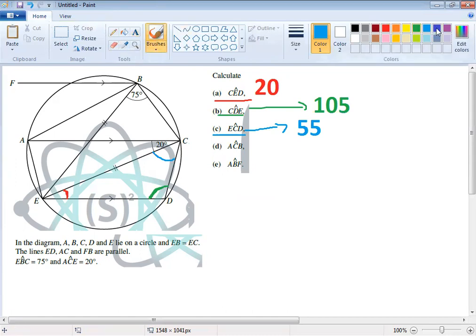Next is ACB. ACB is this one. How do you intend to find this vertical angle ACB?